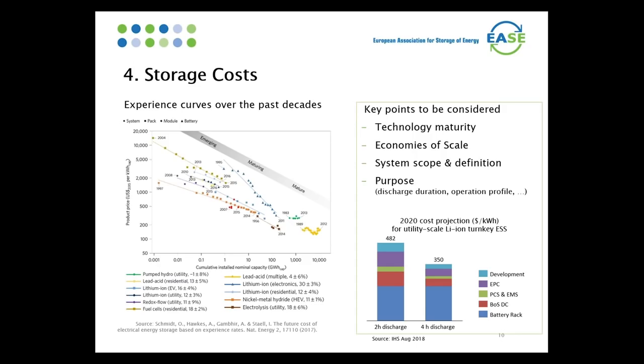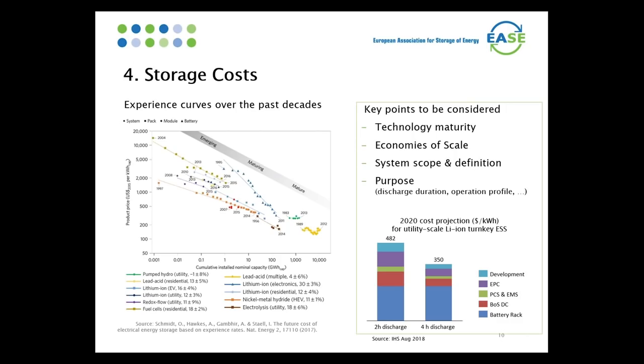And to be a little bit more practical and concrete, I have put on the bottom of this slide a projection for lithium-ion utility scale turnkey energy storage systems. And you can see for comparison between a 2-hour and a 4-hour discharge. On the bottom, you have the battery rack, which is the modules and BMS.